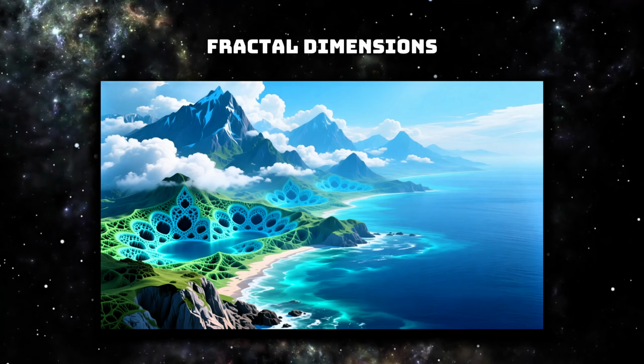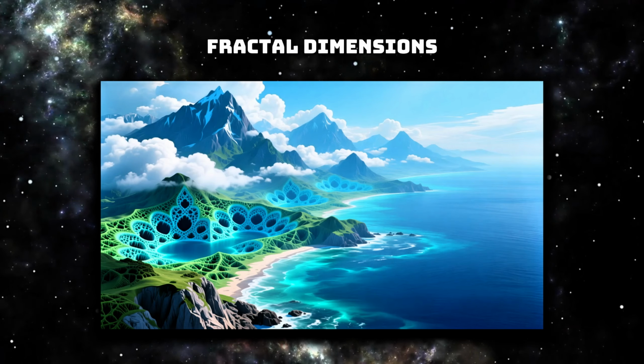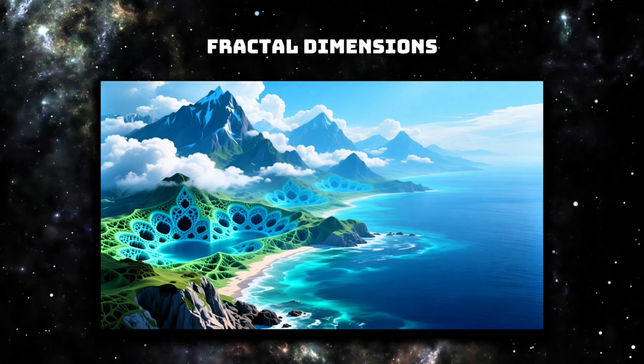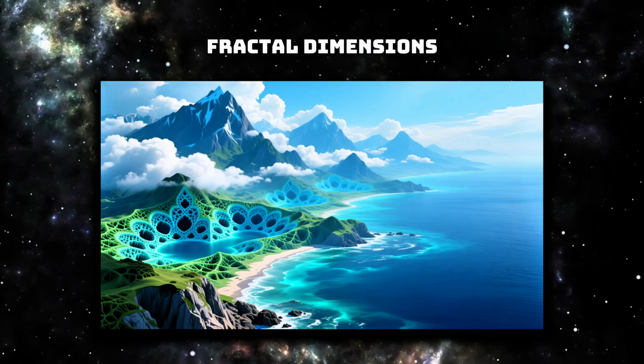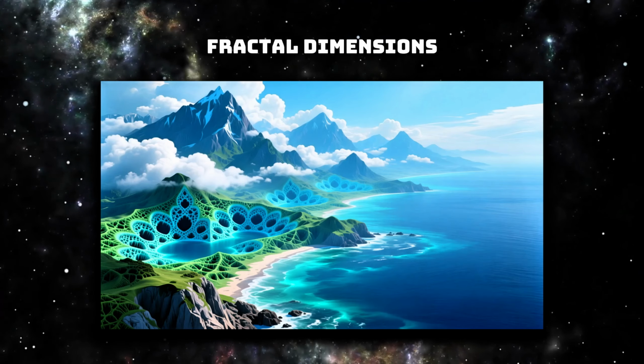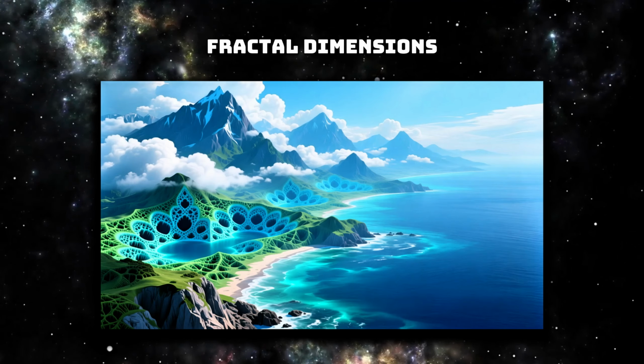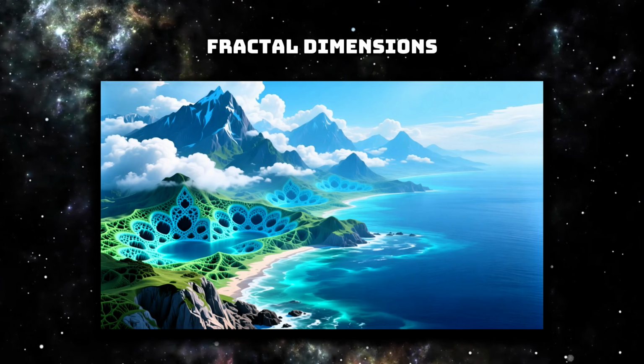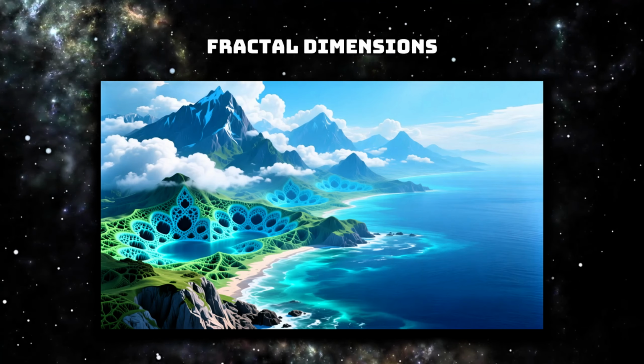This idea that something can be in between dimensions was revolutionary in mathematics. It means that some structures have more complexity than a line, but less than a surface, and their dimensionality is a measure of how intricate they are. The more jagged, irregular, and infinitely detailed the shape, the closer its fractal dimension approaches 2.